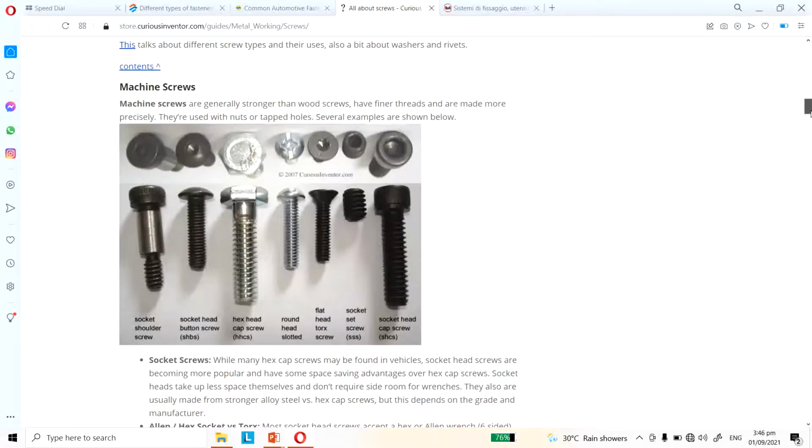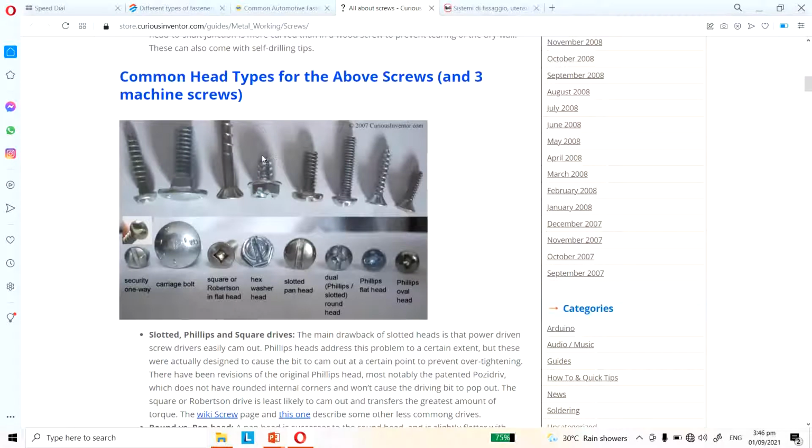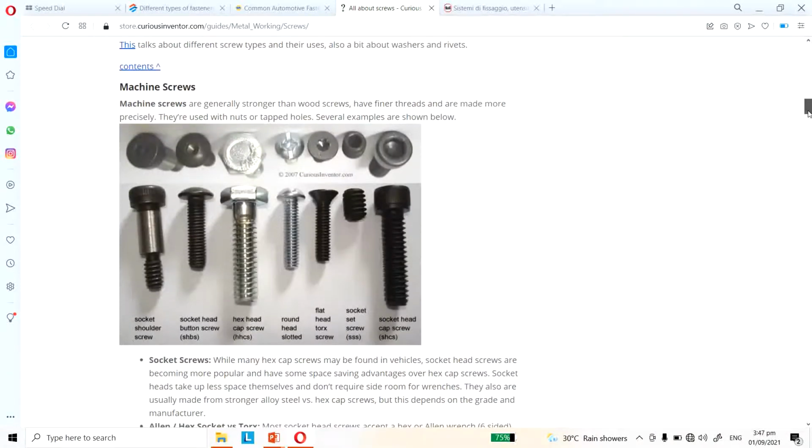Although there are screws for other materials, because the characteristic for non-metal I think is this pointed tip. But for mechanical parts, I think this is much more common. So you have this type of screws, machine screws, and there are also a lot of heads. Like this one, probably the most common, the hex head, and there's also a head intended for an Allen wrench, and things like that.